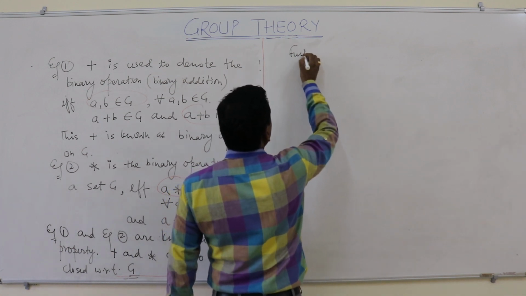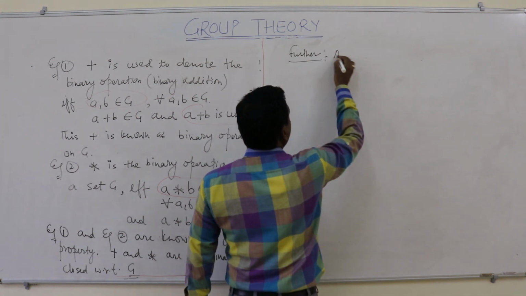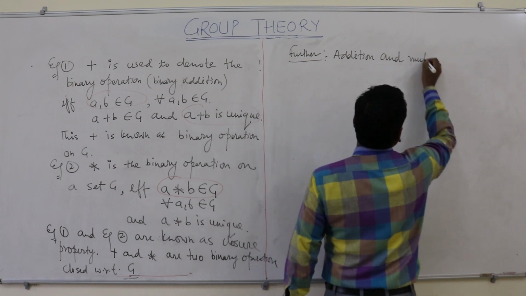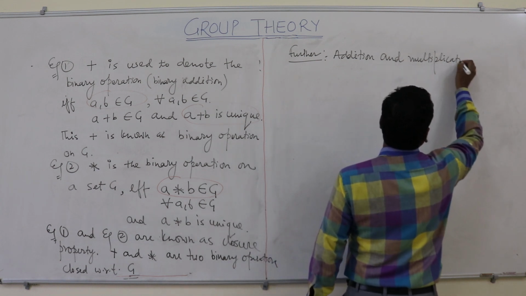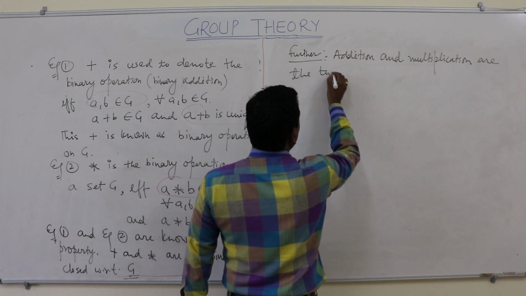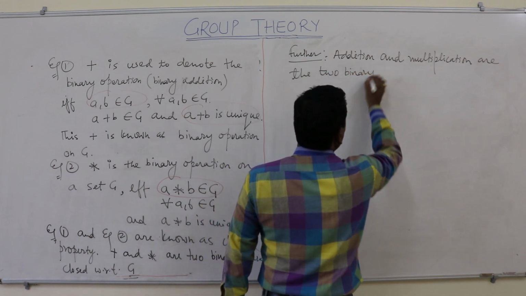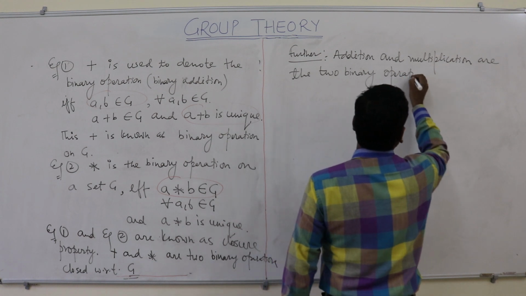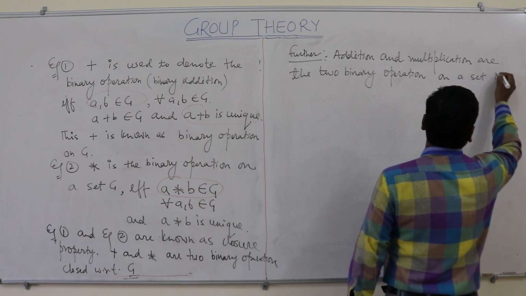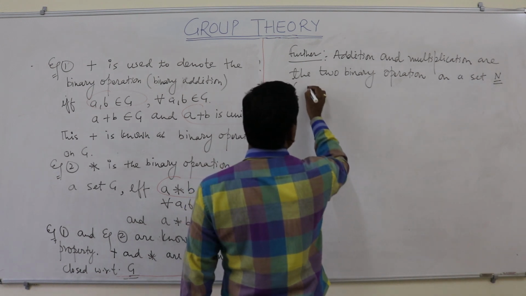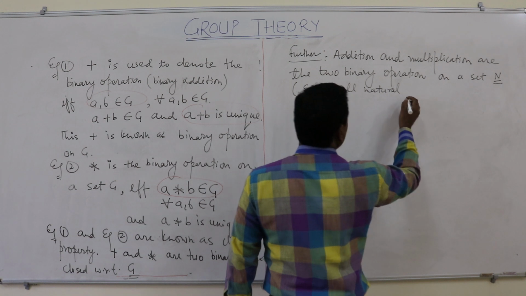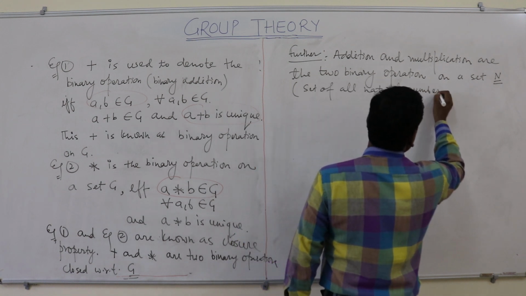Further, addition and multiplication are the two binary operations on the set N, the set of all natural numbers.